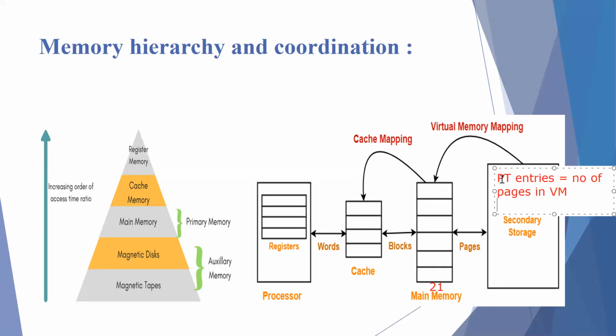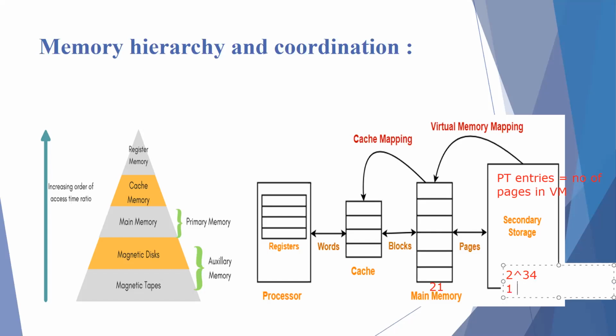Okay. So just to consolidate all what you said, in the virtual memory, say I right now had 2 raised to the power 34 bytes as the virtual memory size, right? And suppose one page is say 4 kilobytes.